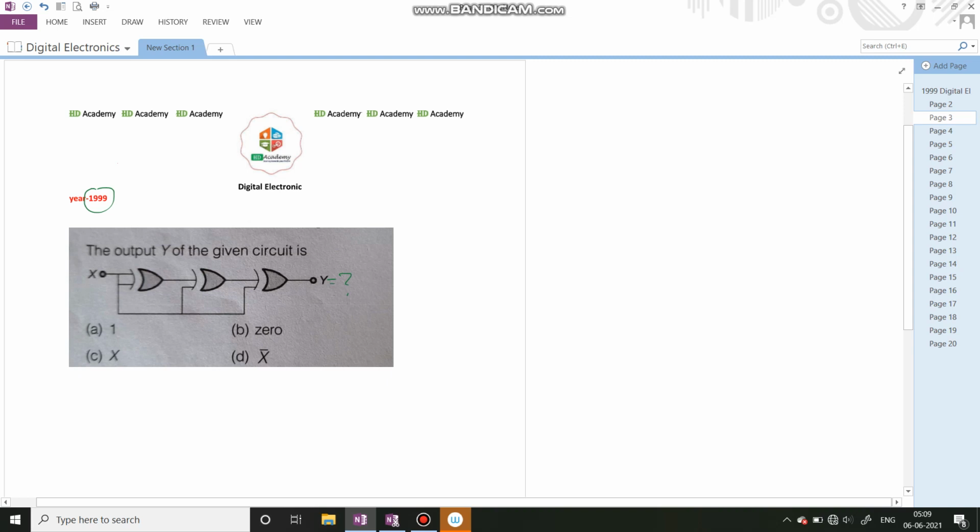At first, let's understand the truth table of the XOR gate.